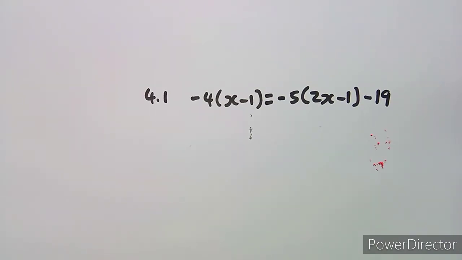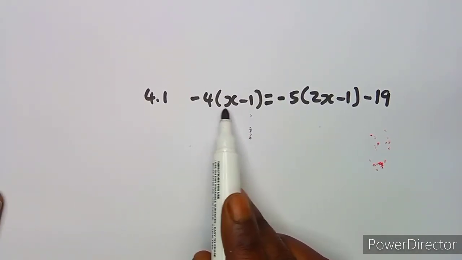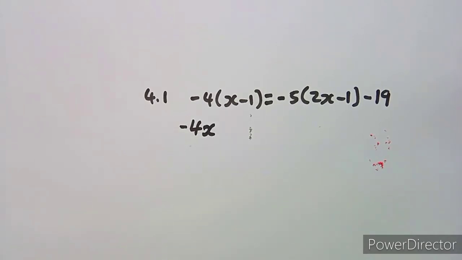All right, so anyways, here we are given to solve for x. Actually, to solve for x is to find the value of the unknown, which is x. So we've got brackets here, so what we just need, guys, is to expand brackets. So it's going to be negative 4 times x, which is negative 4x.